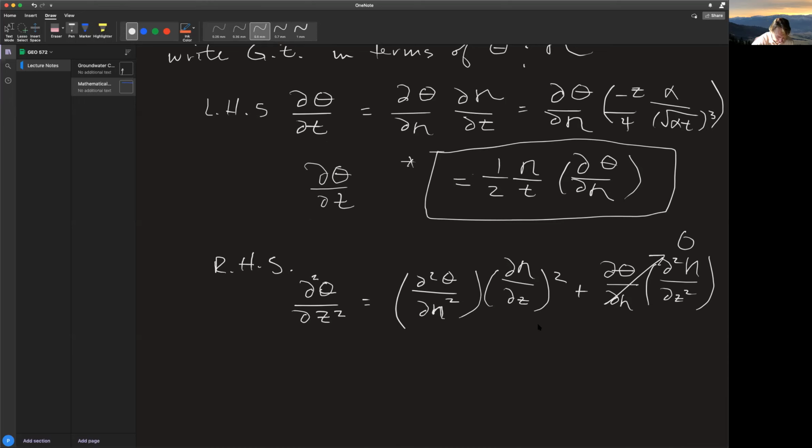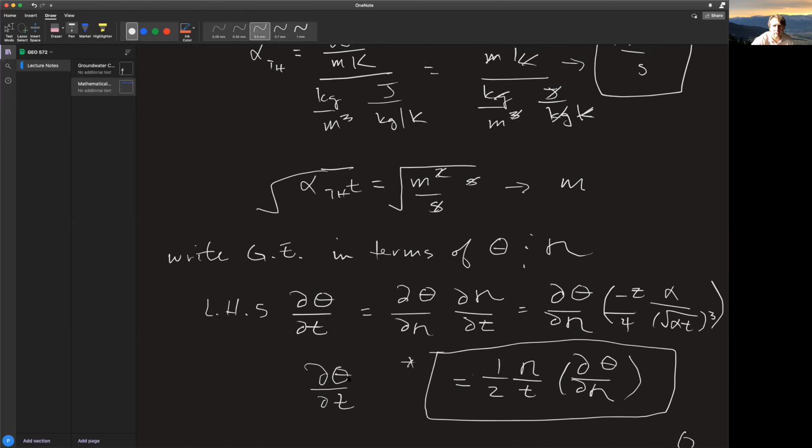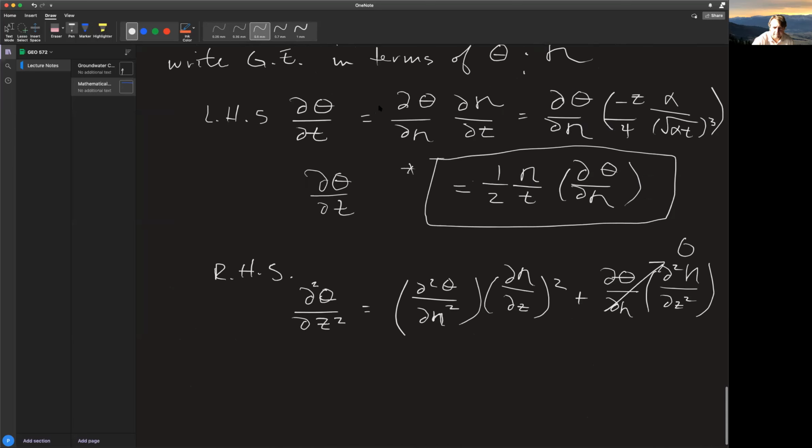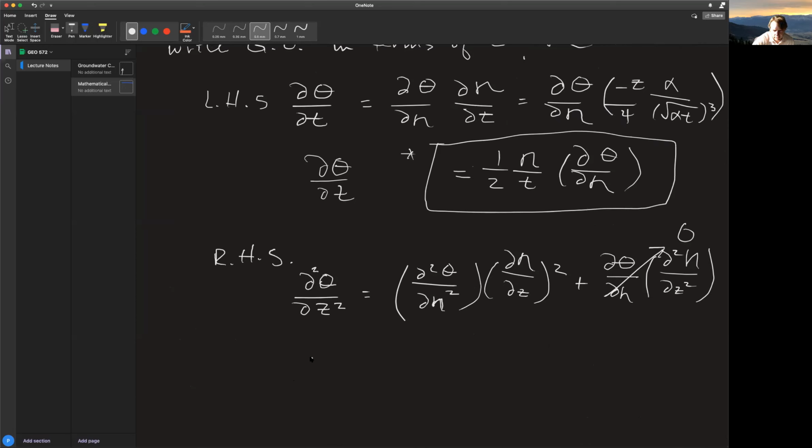We can take the derivative of eta with respect to z, and that's just going to end up being 1 over this. So d eta dz is equal to 1 over 2 square root alpha times time.